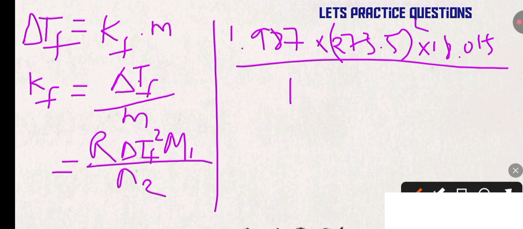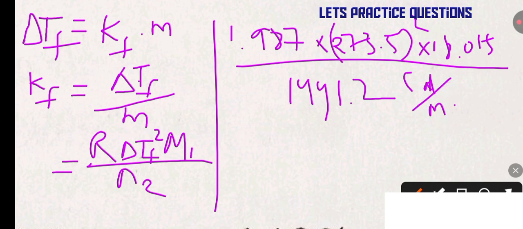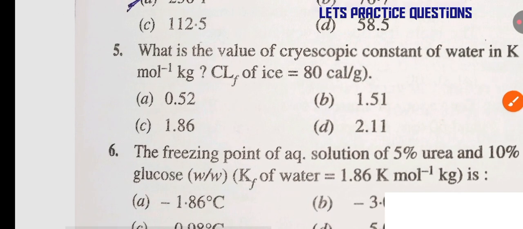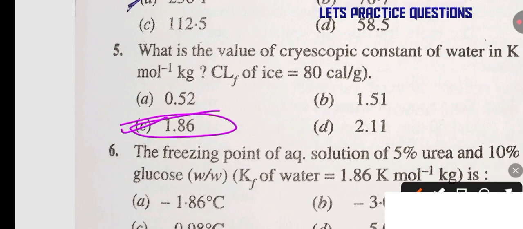We have the value, that is 1441.2 calorie per mole. In simplification, in the end we will get the value 1.86, and that is the correct answer. Let's check the option, that is option C. Here option C is present, 1.86. It will be the correct answer.